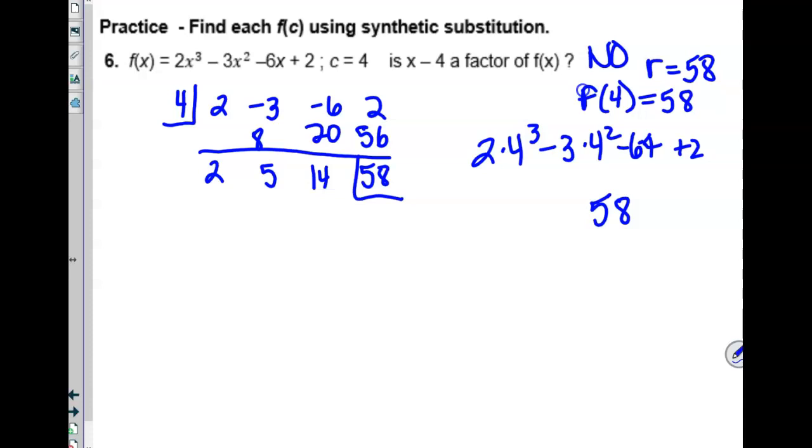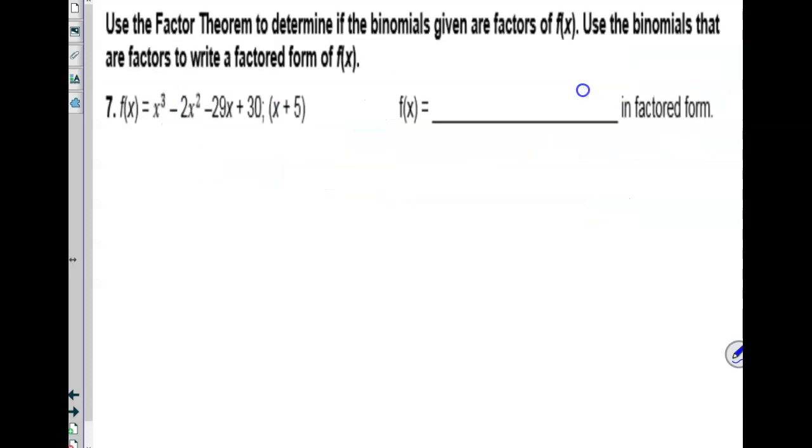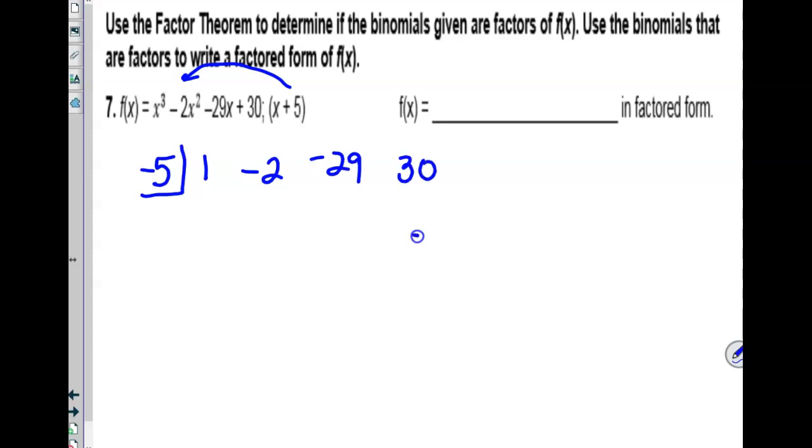Questions on that? Okay, moving on to number 7. Use the factor theorem to determine if the binomial given is a factor. So, what do you want to do? We can plug it in. Actually, they want us to factor this, so I think we should probably do synthetic division. Okay. What goes in the box, guys? Negative 5. And across the top? 1, negative 2, negative 29, and 30. No placeholders needed.